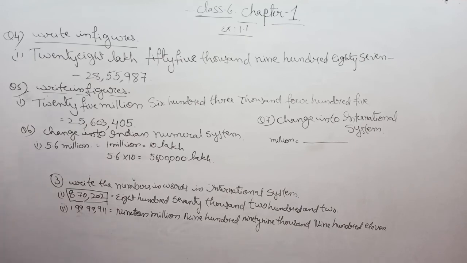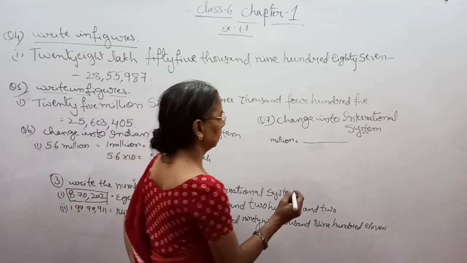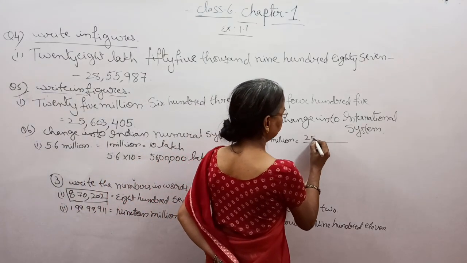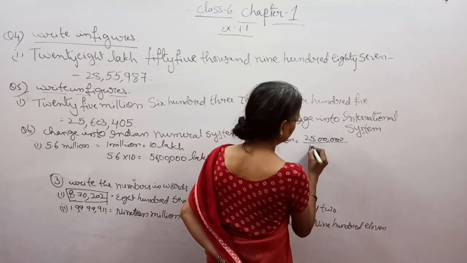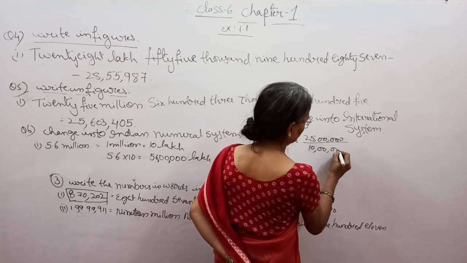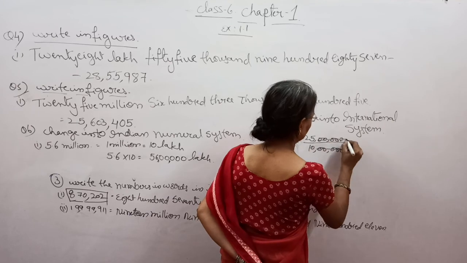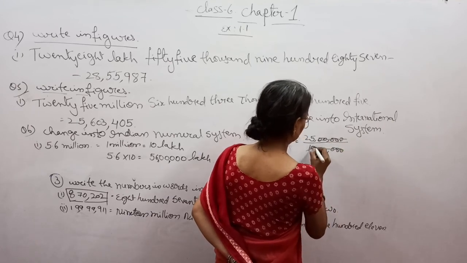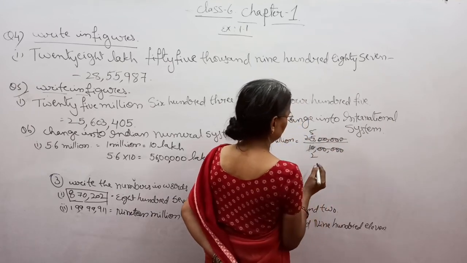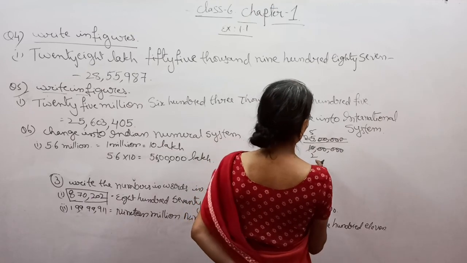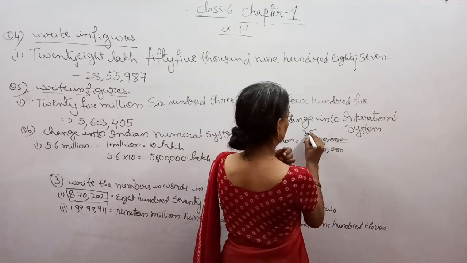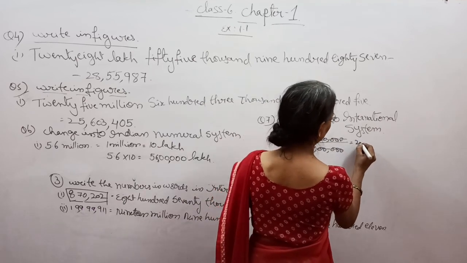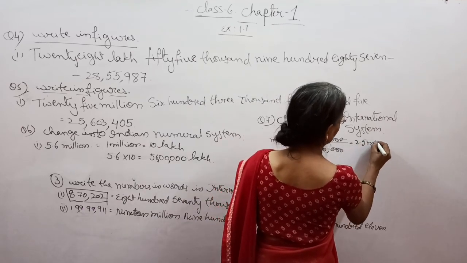Now for example it is 25 lakh. 25 lakh divided by 10 lakh, that is 2.5 million.